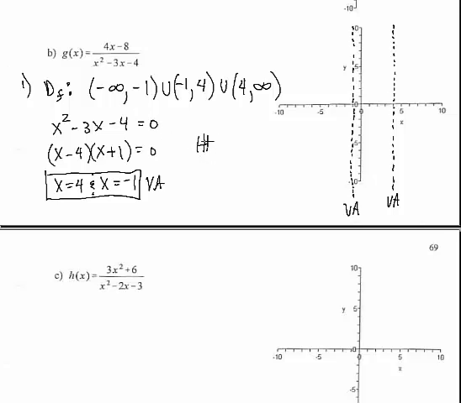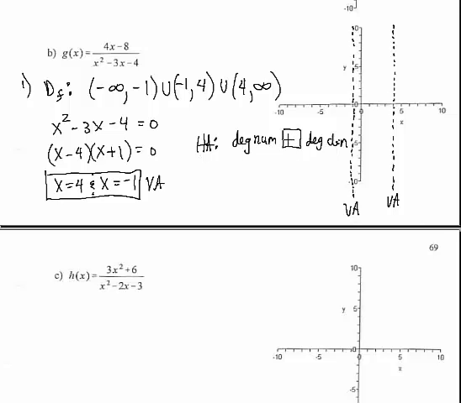Step 1, we want to find the other asymptote. So we compare the degrees. Degree of the numerator, and on the other side, degree of the denominator.